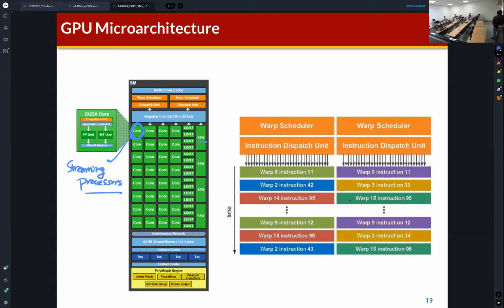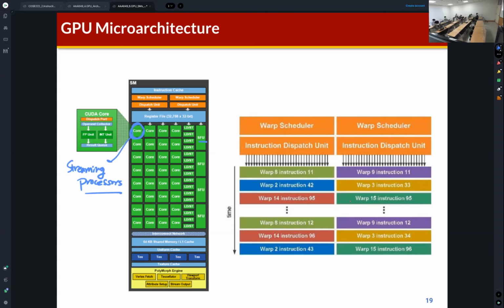In the GPU, the size of the special function unit is larger than the streaming processor, and also the latency is higher. Because the special function unit is more expensive, the hardware architecture is more complex than the streaming processor. Actually, the number of SFUs is smaller than the number of CUDA cores, the number of SPs.